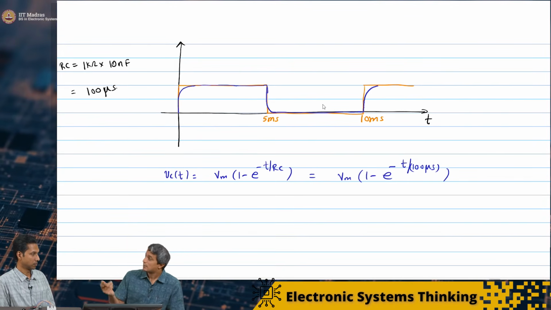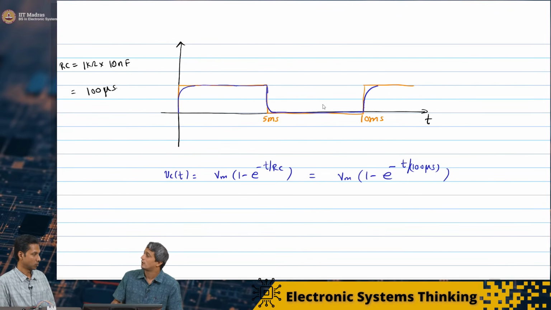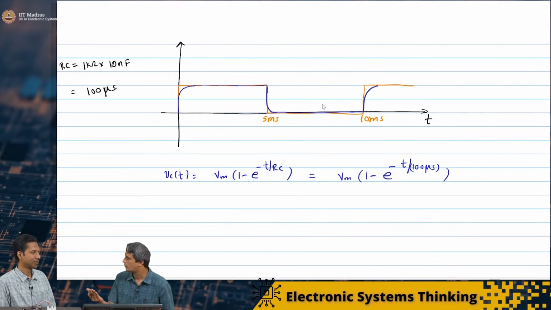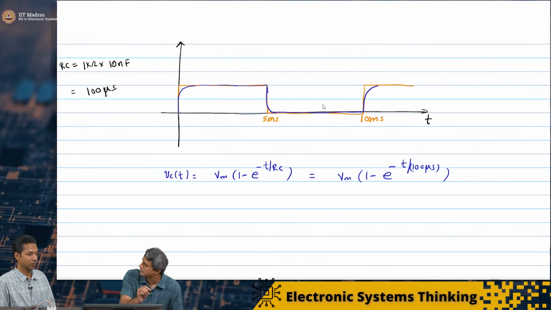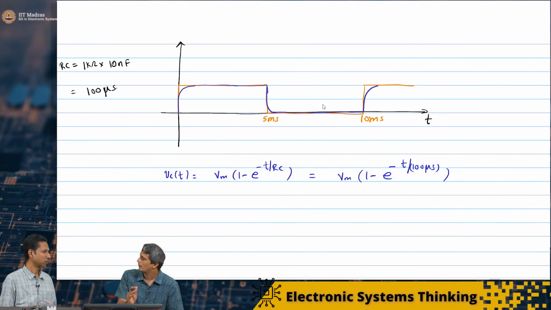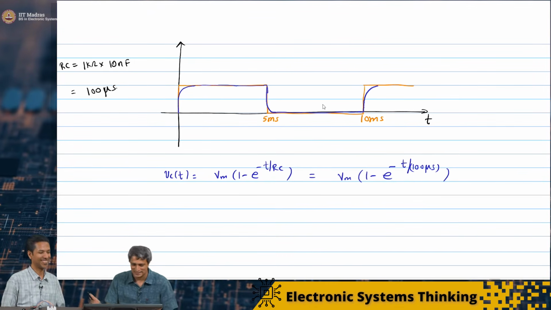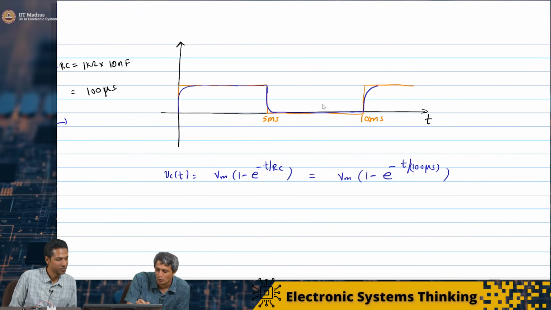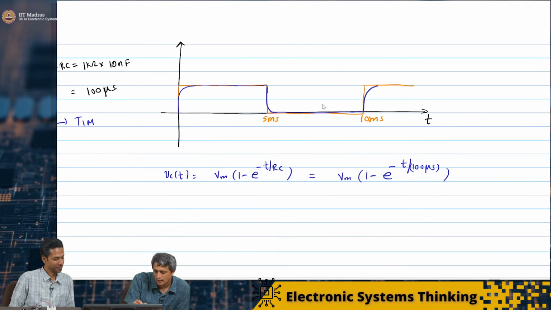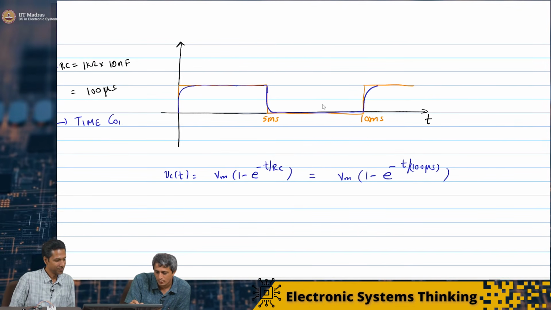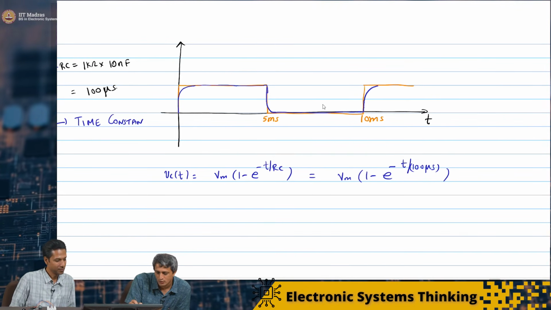And that brings us back to that earlier question. What is low frequency? What is high frequency? It depends on the RC number. The time constant, exactly. This is what you call the time constant.